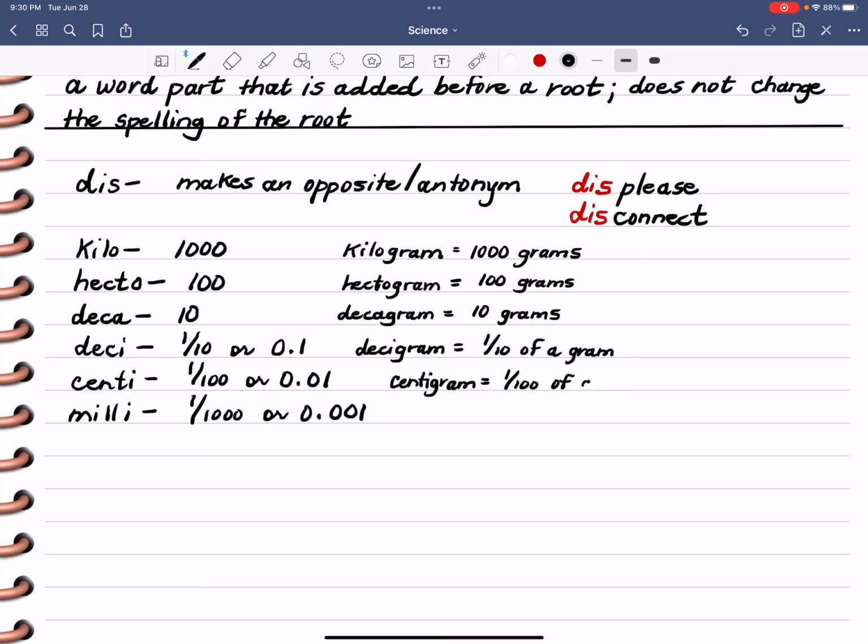A centigram is 100th of a gram. And a milligram, we get that term in medicine a lot, is 1,000th of a gram.